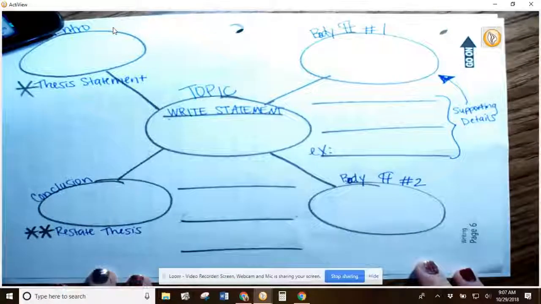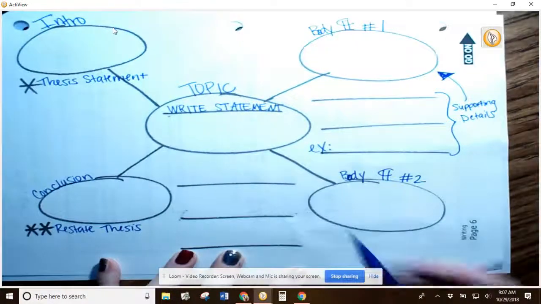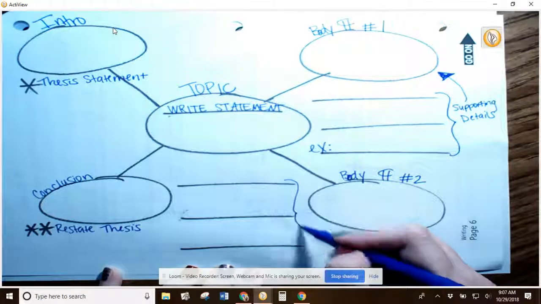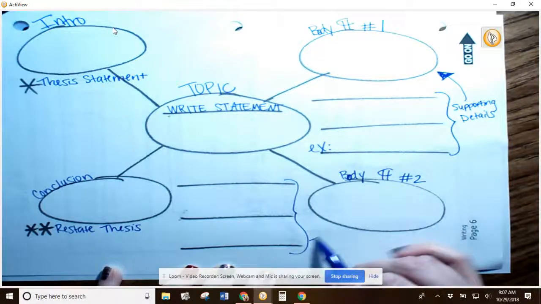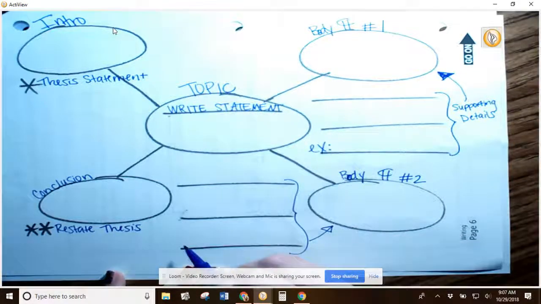And these here are supporting details and examples for this paragraph. Ultimately, if you do a good job filling out this bubble map, you have pretty much your whole essay planned out right here.